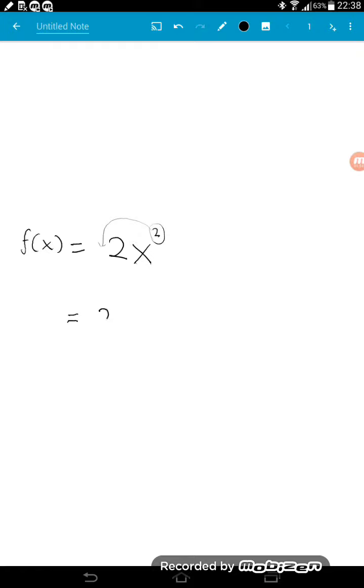So 2, this is your power, times 2x. The exponent is going to be reduced by 1, so 2 minus 1. So 2 times 2 is going to be 4, and your power is being reduced by 1, so it's going to be 4x to the power of 1.